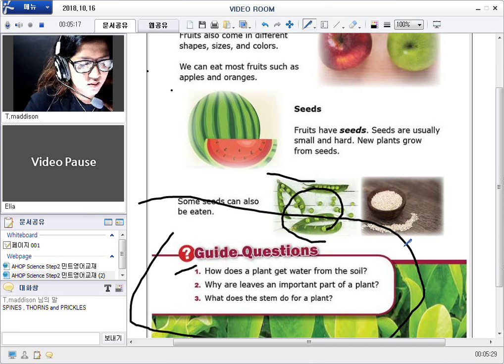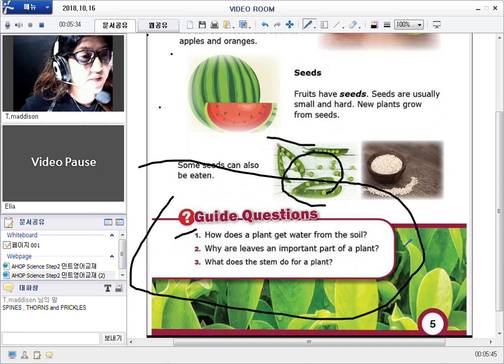Very good. Correct. You can also say roots are buried underground, right? But don't worry, you don't have to write everything down because I'm already typing them in your feedback box. How about number two?